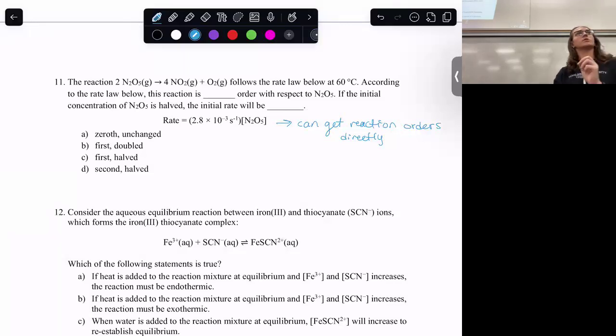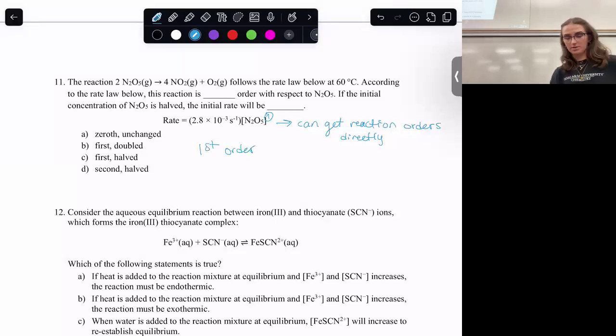Units is one of them. Where else can we see? The exponent. Yep. So our exponent here tells us what our reaction order is going to be as well. What is our exponent if it's not there? 1, right? We need 1 as our exponent. So what does that tell us the reaction order is? This should be first order.